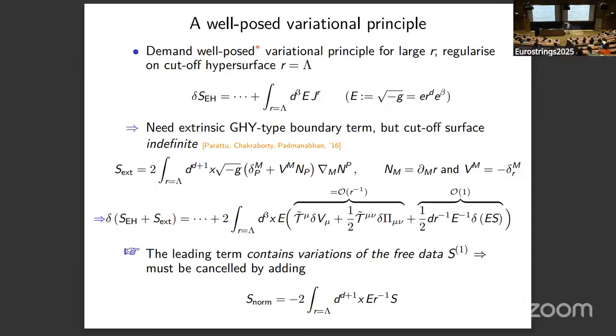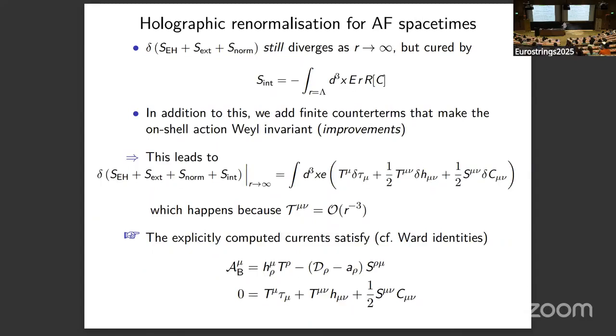So we cancel that by just adding this term that removes this variation. And this, in the context of AdS/CFT, would be like a cosmological constant term. But so that we add, but that introduces additional divergences that we then must get rid of. And it turns out that we can get rid of these by adding this term, where C is now some well-chosen connection on these constant r hypersurfaces.